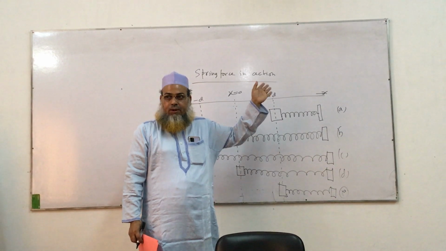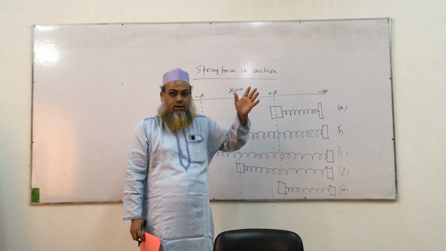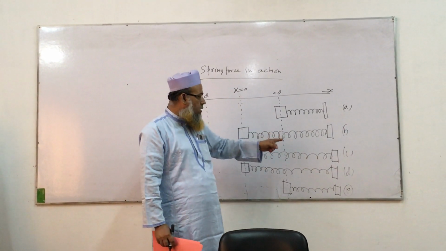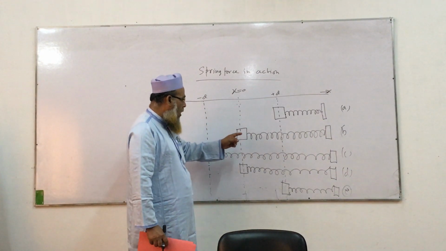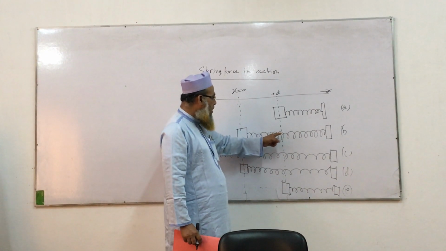Except figure A, because in figure A the spring force does not work; actually, the external body compresses. In B, C, D, E, the spring works. It is a cycle. How does the cycle begin?